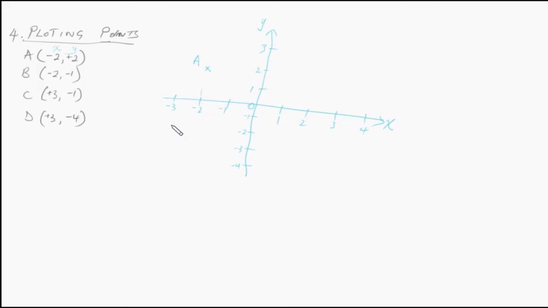Okay, now (-2, -1): -2 on the x, -1 on the y. It's somewhere here.